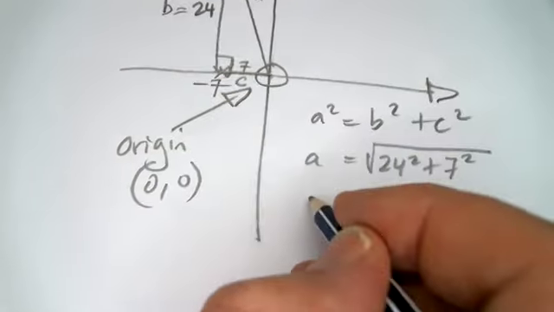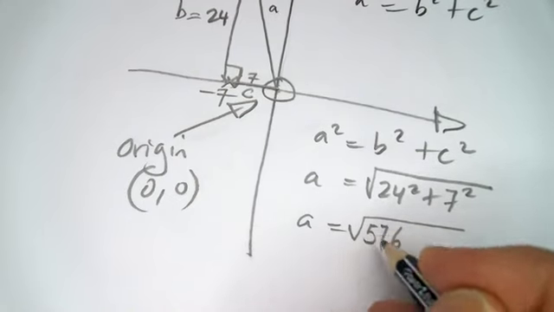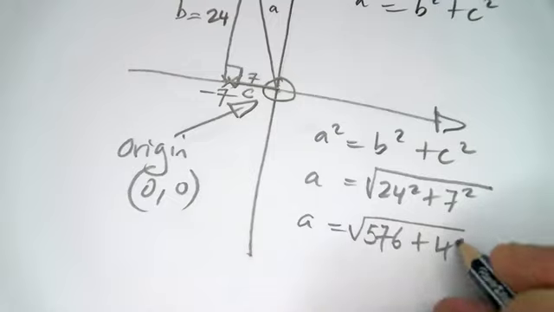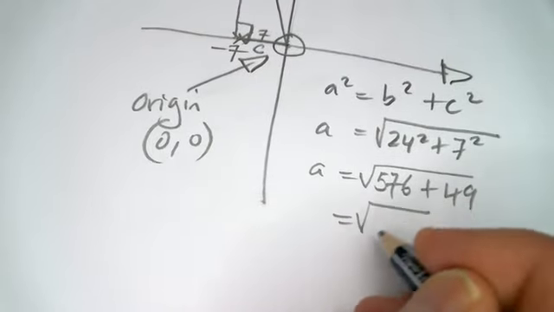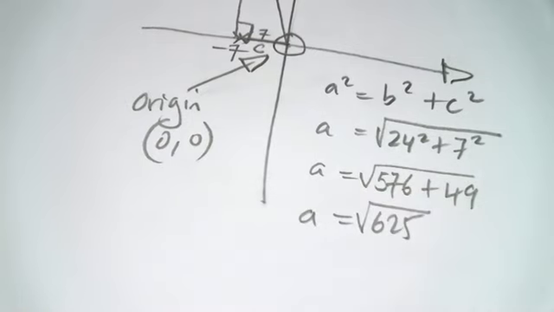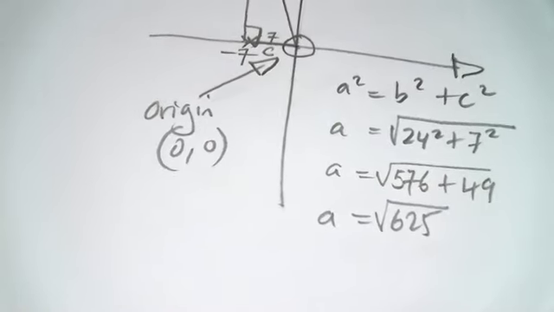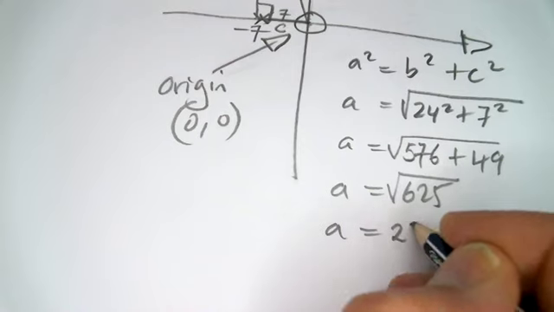So a is going to equal 24 squared plus 7 squared, and we know 7 squared is 49. The two together make 625. Now, the moment I see 625, I think, oh, that's 25 squared. That's a nice straightforward thing. So I can just say a is equal to 25.